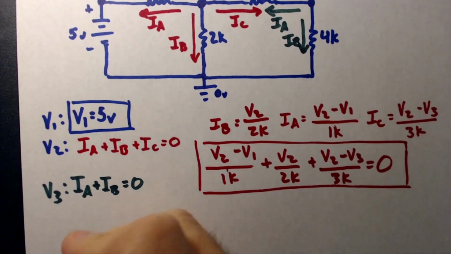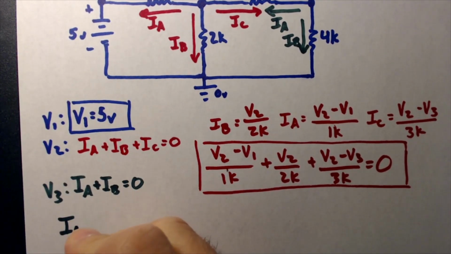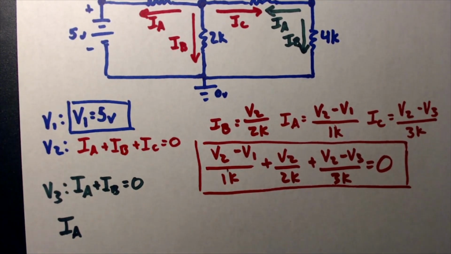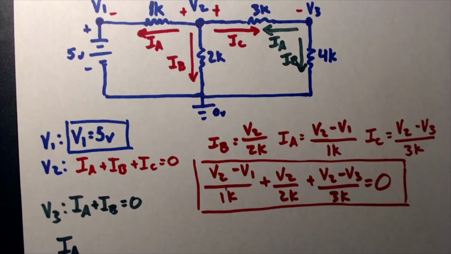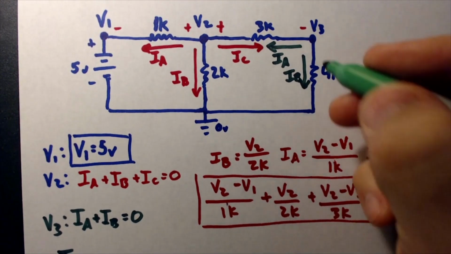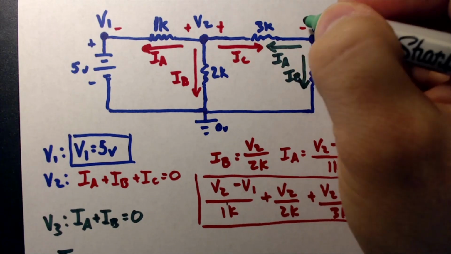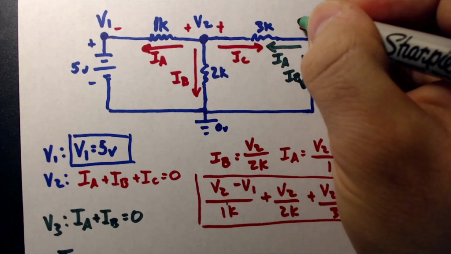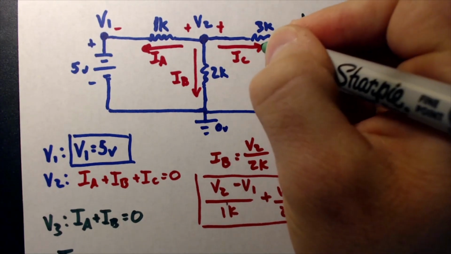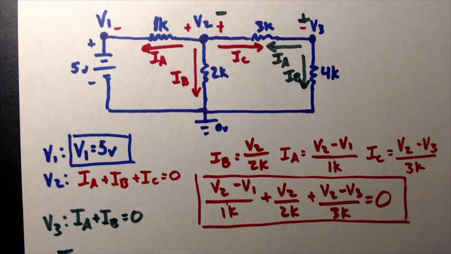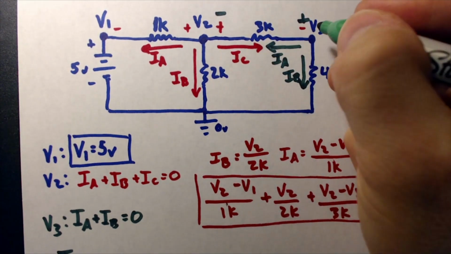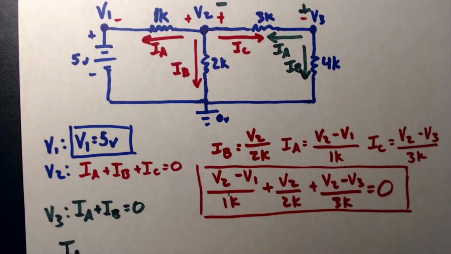A little more room here. Okay, so I'll go ahead and do IA first. Notice I'll let the current help me out here. Assign my polarity. Current always goes from higher voltage to lower voltage. So now I'll say V3 minus V2.